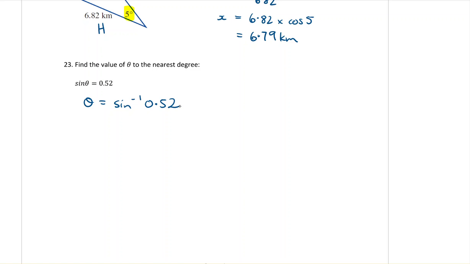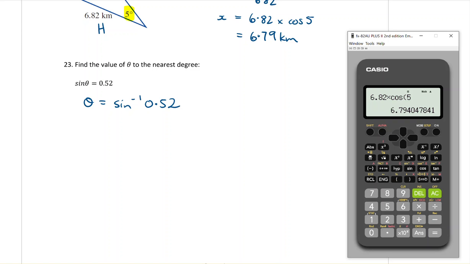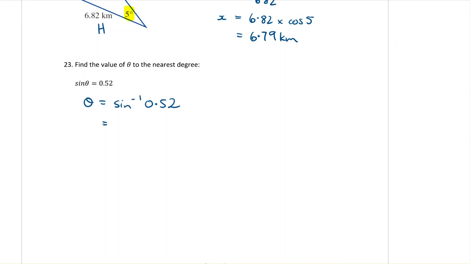When we do it with a triangle, it's usually a fraction, but this one's a decimal, that's okay. We press inverse sine, which is shift sine on our calculator, and we type in the 0.52. It says to the nearest degree, which means we don't want any decimal places. The first decimal place there is a 3, which will round down. So theta is just going to be equal to 31 degrees. Okay?